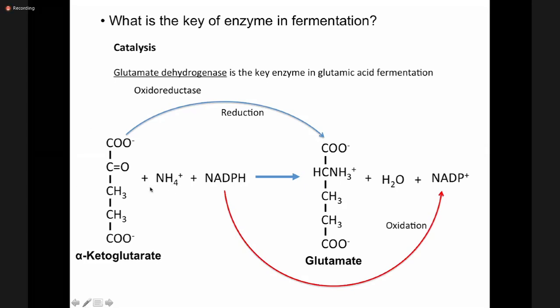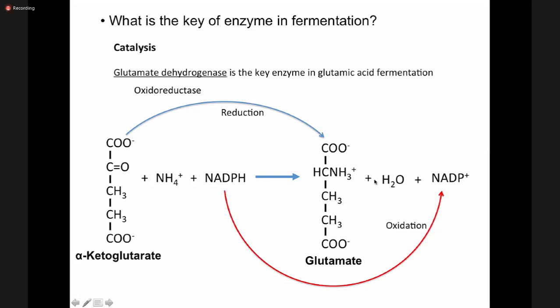Alpha ketoglutarate, ammonium ion, and NADPH. Again, this reaction is reduction of alpha ketoglutarate, and we also put this ammonium ion on this side. Then the oxygen is removed to produce water, and this ammonium ion is integrated in alpha ketoglutarate like this.